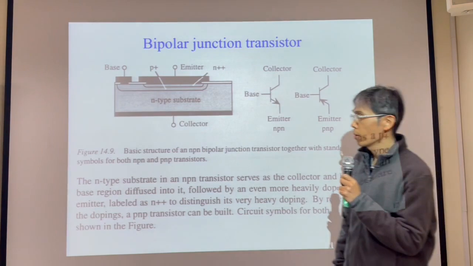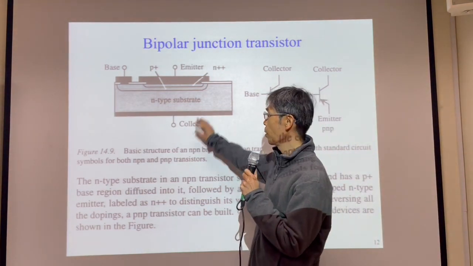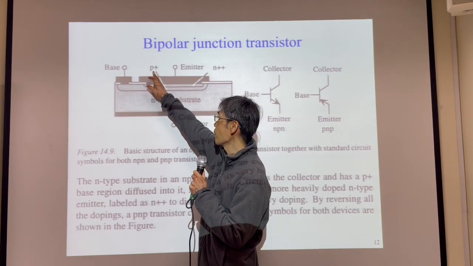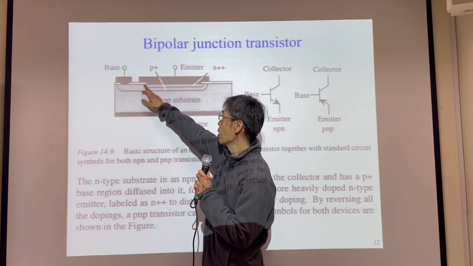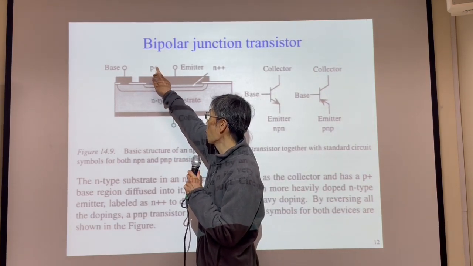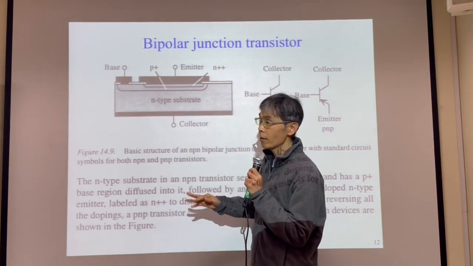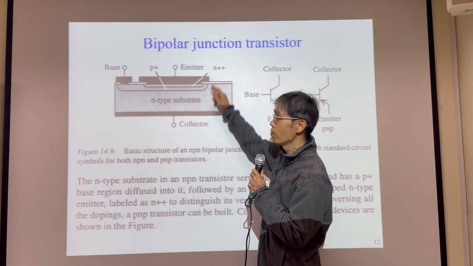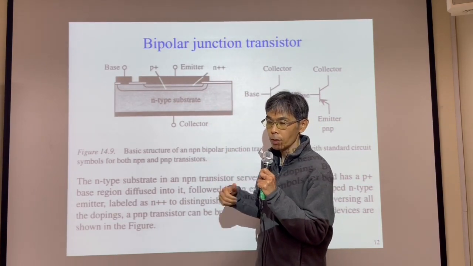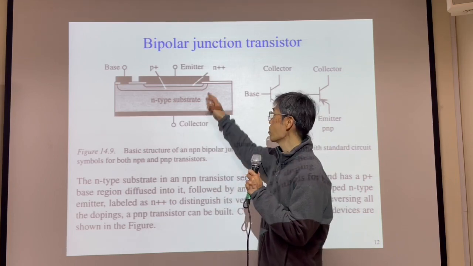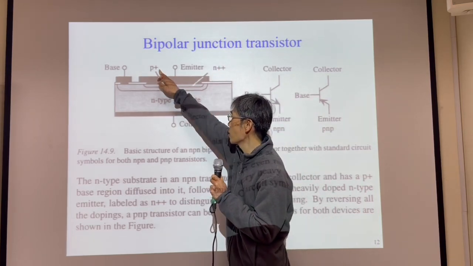Okay, so we take an N-type wafer. Then we put P-type, only a P+ region here. Then after that, we put N++, which means doping with a much higher concentration than this one.